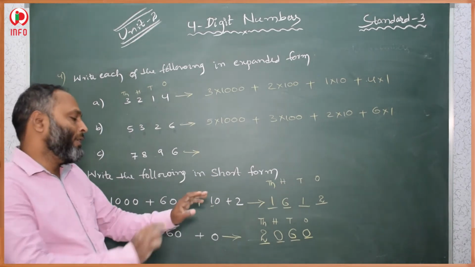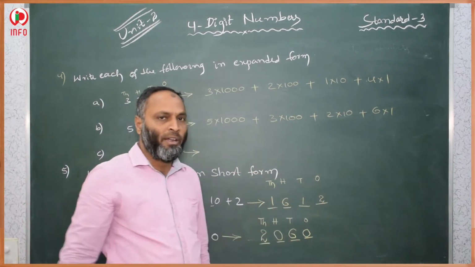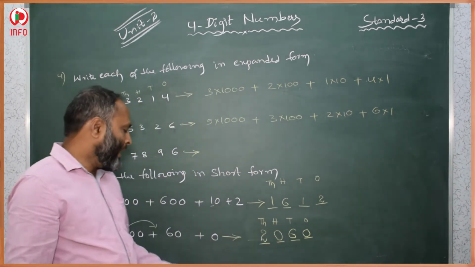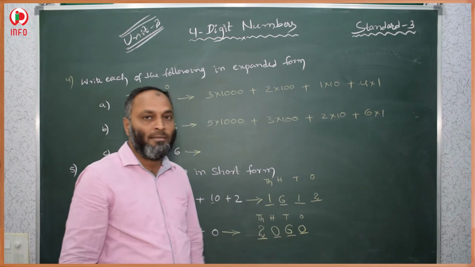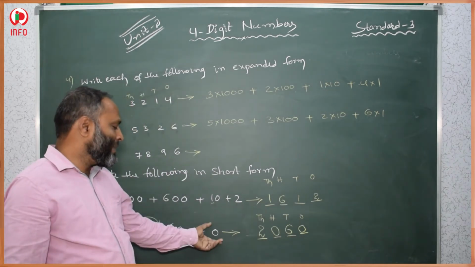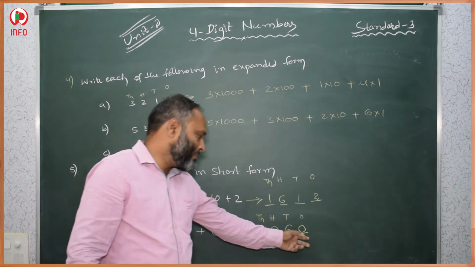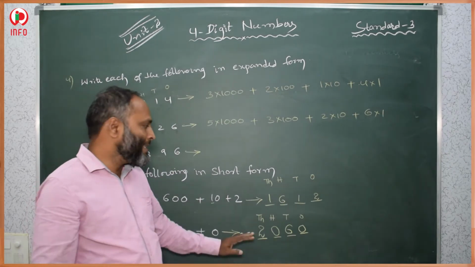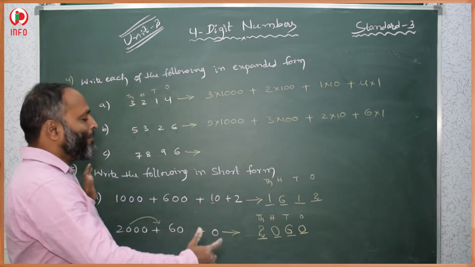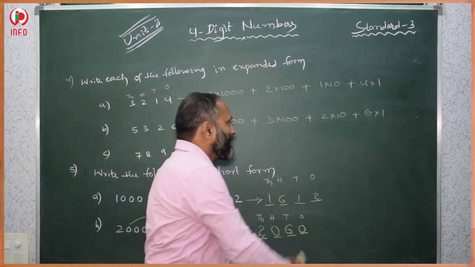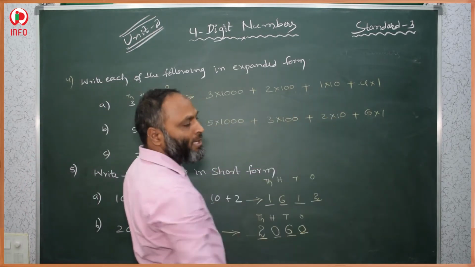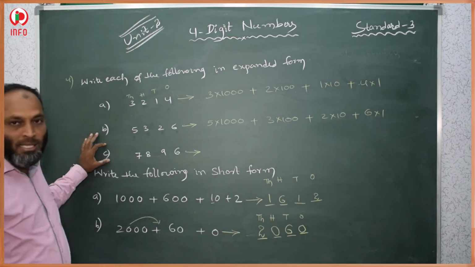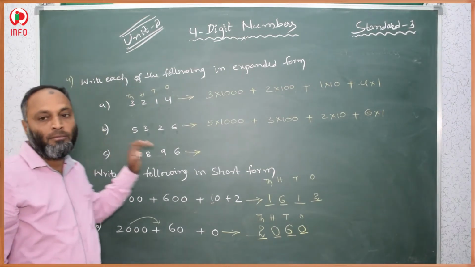If there is no 100, we keep 0 in the place of 100. Here 0. And in tens place 60 is there, so in tens place we take 6. Then in ones place 0 is given, so we keep 0 in ones place. So this is the method. If expanded form is given, we convert to short form like this. If short form is given, then this is the expanded form. So this is the third question, C is your homework. Thank you.